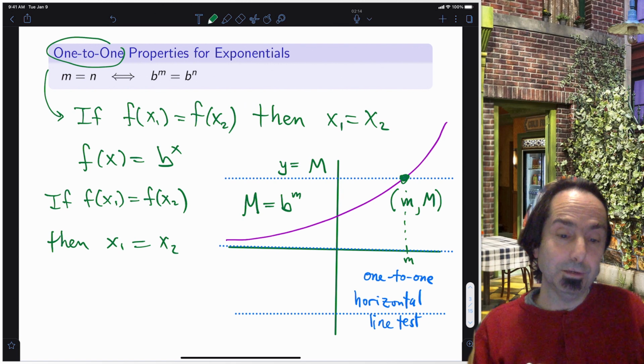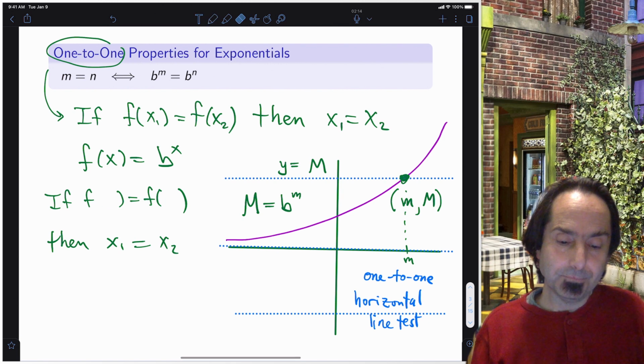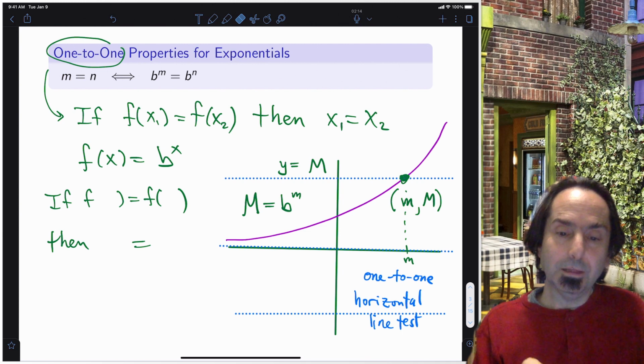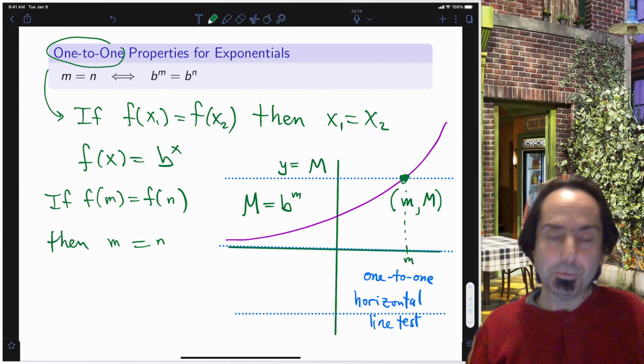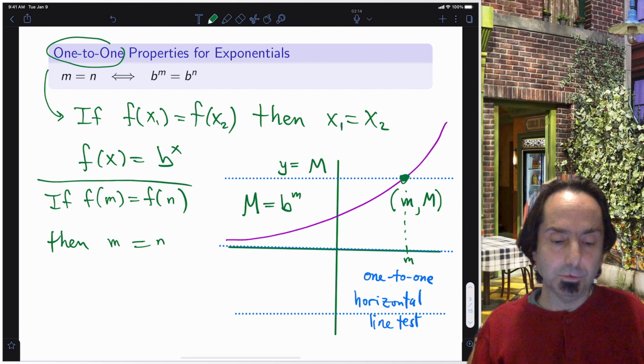You have to get the same output. But what I'm going to do is just change the name of these, and let's call it little m and little n, and then the output is going to be b to the m and b to the n. So if the input is equal, then the output is equal.